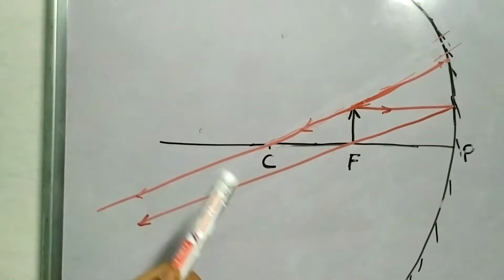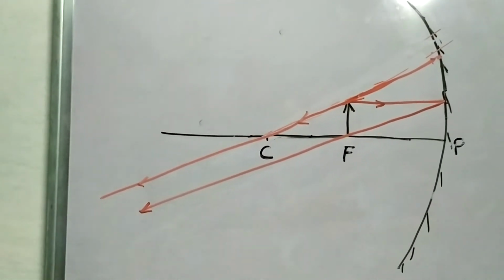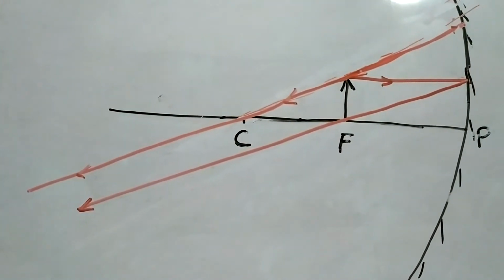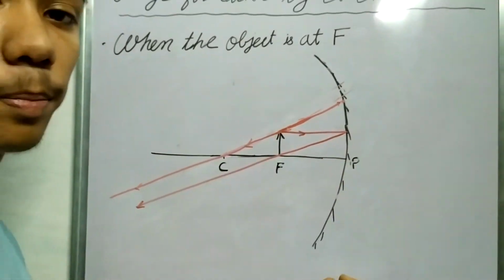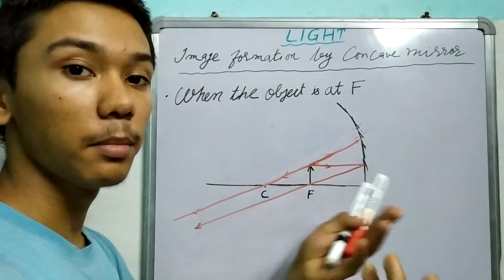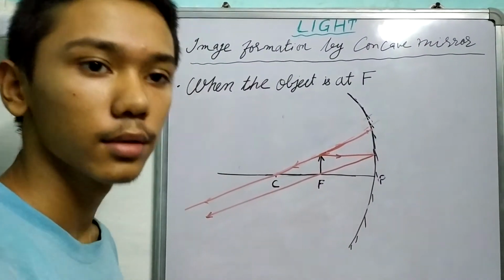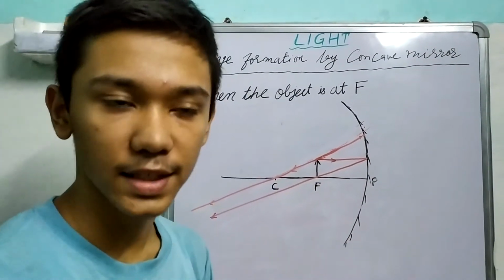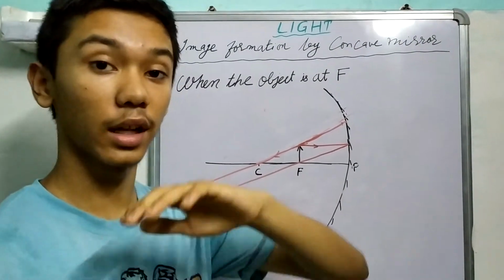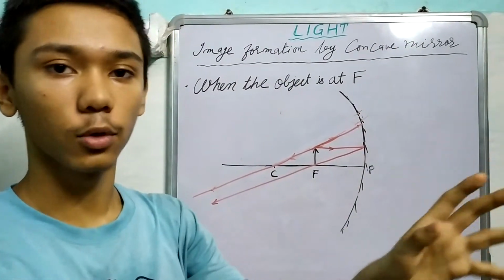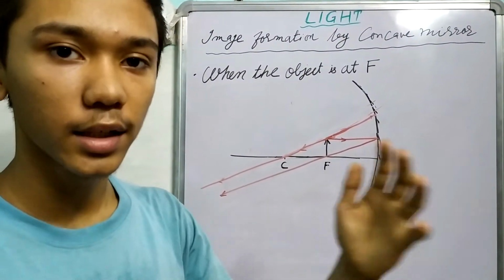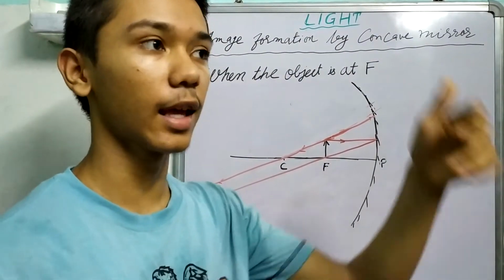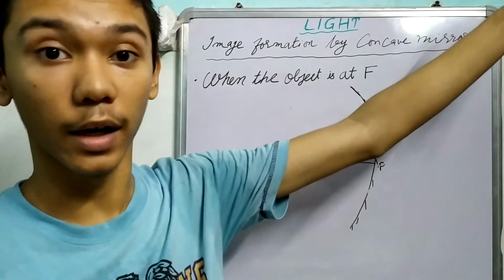Now these rays are very nearly parallel, so they're almost parallel. And where do parallel rays meet? Well, they don't meet at any point, or they meet at a point which is really far away. And in physics, when a point is really far away, we call that to be infinity. So parallel rays actually don't meet at some point, but we can say that they are meeting at infinity, a point really far away.